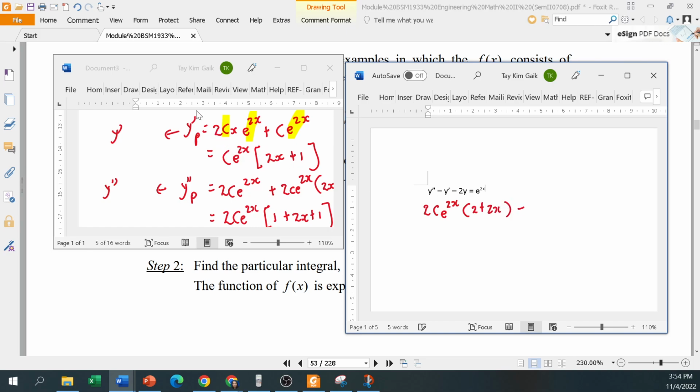Y prime plugged in from y prime p, so minus y prime, so minus c exponent 2x times (2x plus 1).